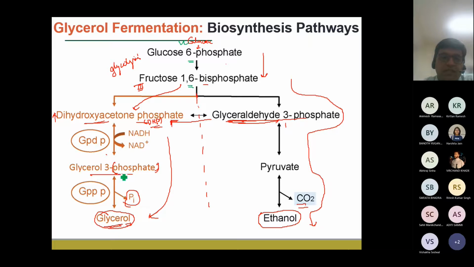This is a very basic section of the glycolysis pathway, where glucose is converted to glucose 6-phosphate and to fructose 1,6-bisphosphate. After this there is a branch point, where it breaks into two steps of production of dihydroxyacetone phosphate or glyceraldehyde 3-phosphate.